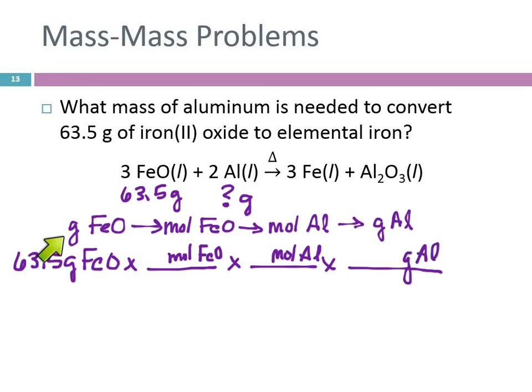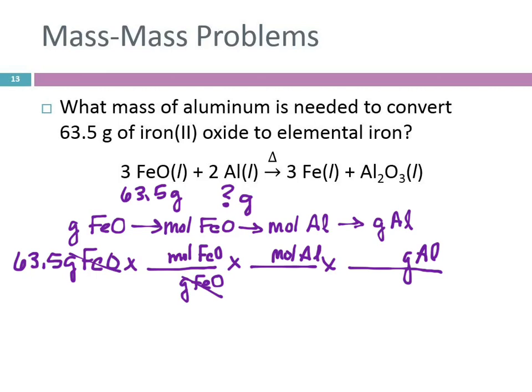Okay, so I have these units in the same order copied down here. And then I take the starting unit and I want to divide by that so that the unit cancels out. So I'm going to divide by grams of FeO. It is important to write grams of what?